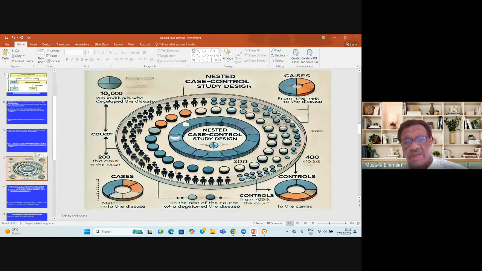We can also see in this illustration that we have the cohort members, and those who develop the disease after some time are the cases, and then we select the controls from those who did not develop the disease, and we carry out matching so that the cases and the controls will be similar.